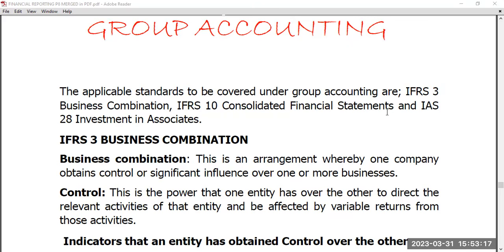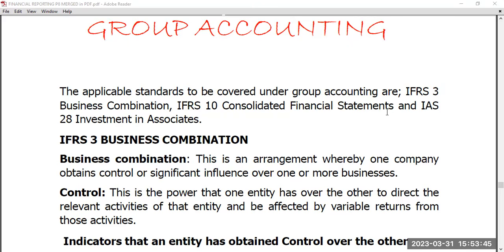We look at IAS 28, that is investment in associates, but mainly at this level we are going to give a brief explanation or brief notes about it, but it will be detailed at level 3. That's where we will be looking at investment in associates.